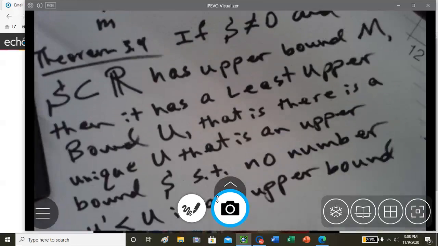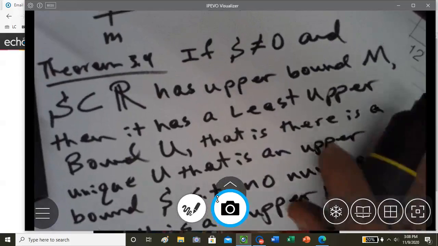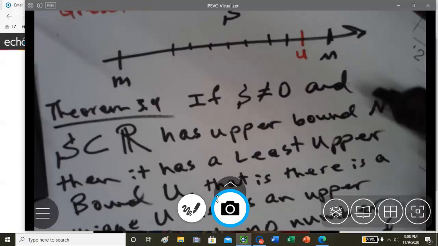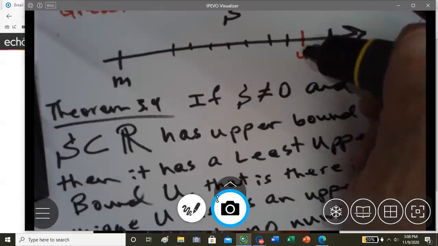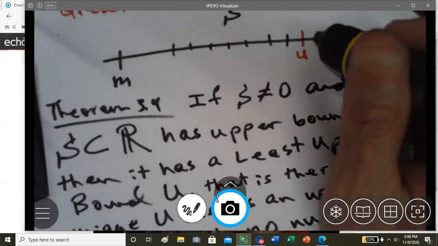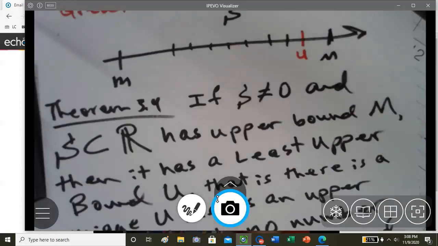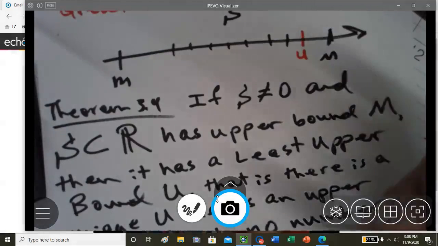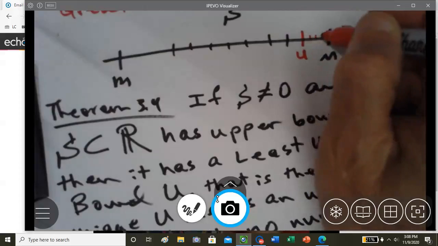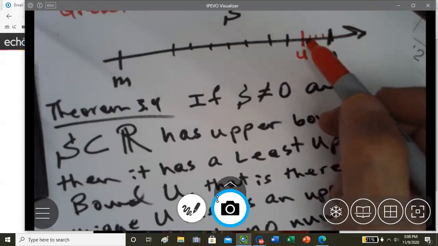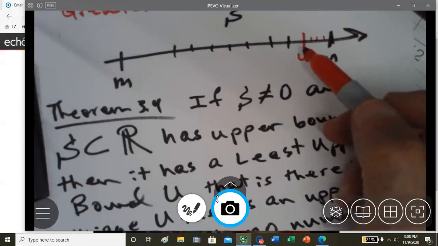Okay, so what does that mean? We're saying here that U is the least upper bound. So there are other upper bound numbers here, but U is the least upper bound. Well, what on earth does that mean?